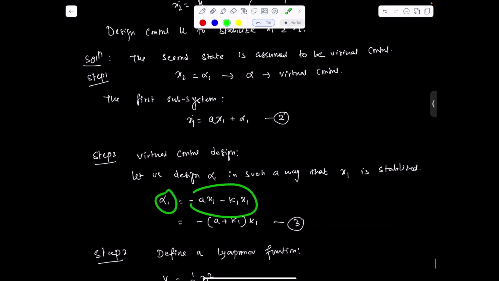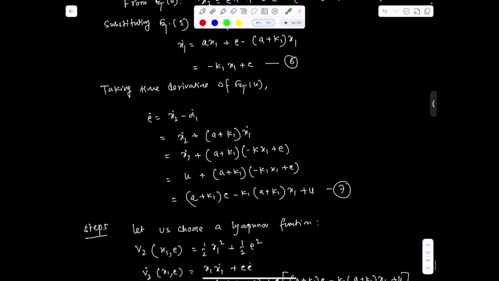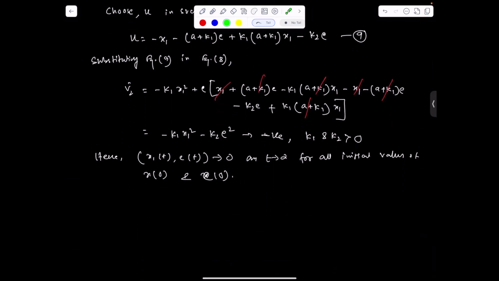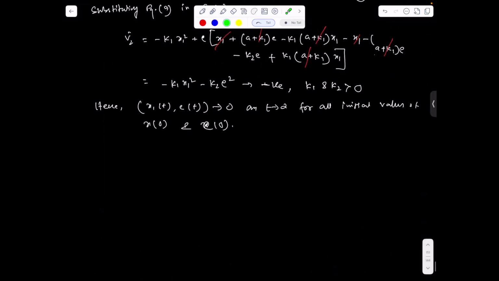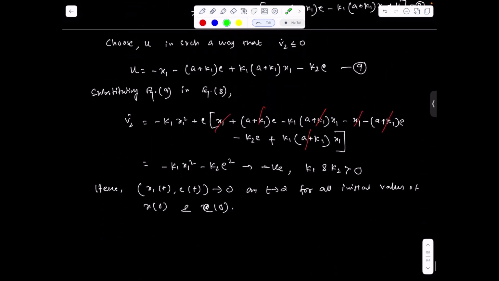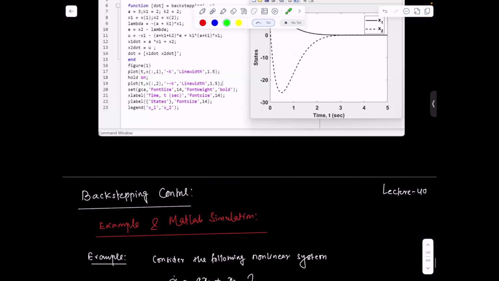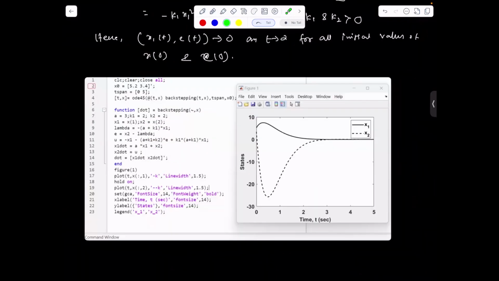If alpha 1 is going to 0, x2 is going to 0. So this is how we can say all the states are going to 0. This is the overall control in this particular example. Now we'll have the MATLAB code for this example, and we'll see how the states go to 0. So this is the MATLAB code.